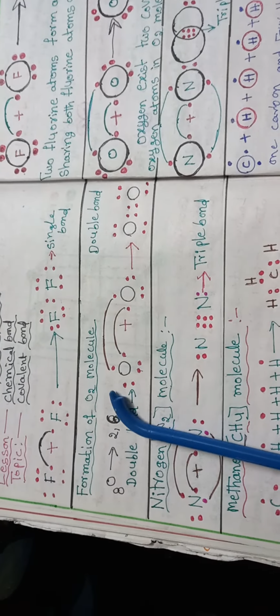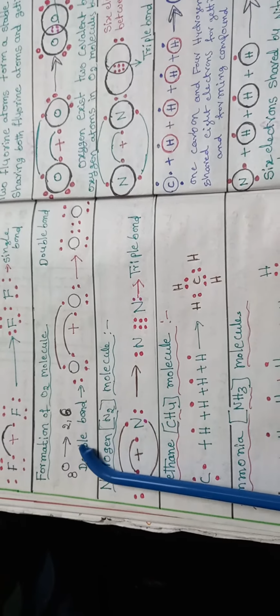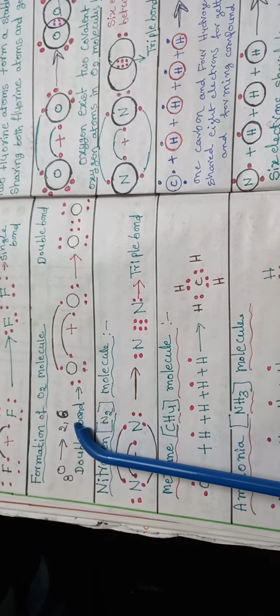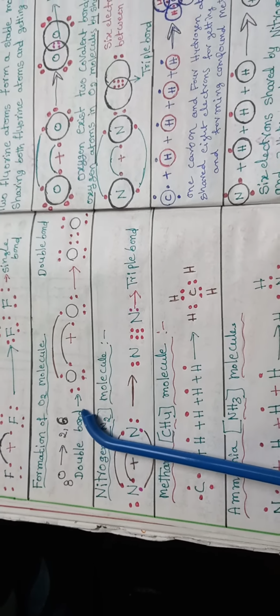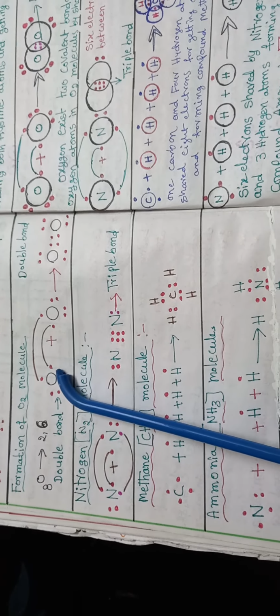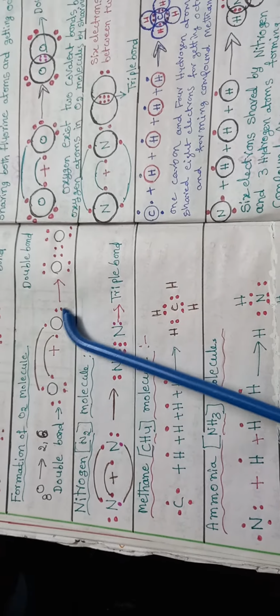Next one, formation of oxygen molecule. Oxygen atomic number 8, electron configuration 2, 6. So valency electrons of the oxygen is 2. There are 2 oxygen atoms.